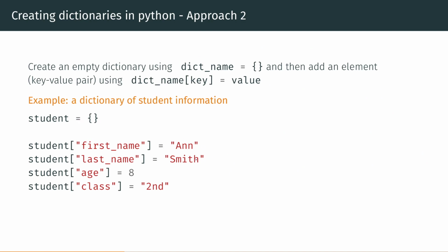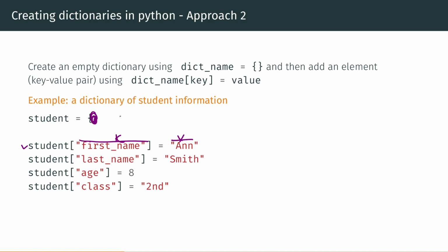Initially the dictionary student is empty. Now the next statement says first name equals, and remember this is the key and this is the value. After you insert the first element, it looks like this. Initially it was empty, now it has an element.